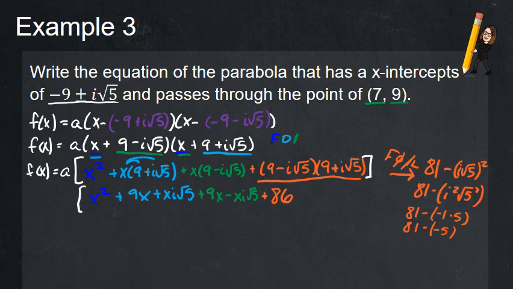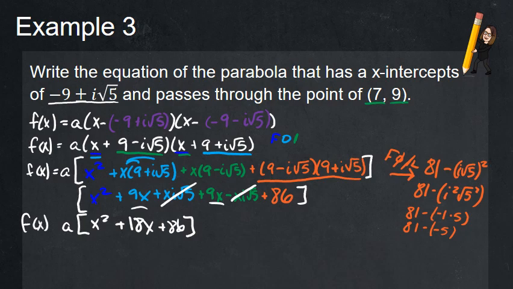So now, taking a look, those crazy xi radical 5s cancel. I have an x squared, 18x if I combine like terms, plus an 86. Now that looks like standard form, what I would need for my final answer.